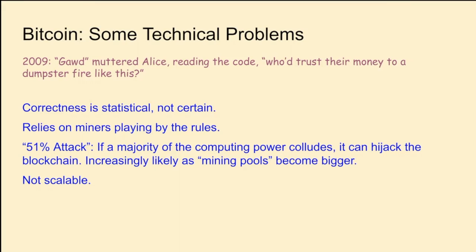Bitcoin can process, I can't remember what it is, I think it's a couple of hundred transactions per minute, maybe a couple of thousand. A typical credit card network processes hundreds of thousands every minute. So there are big scalability problems with Bitcoin also.